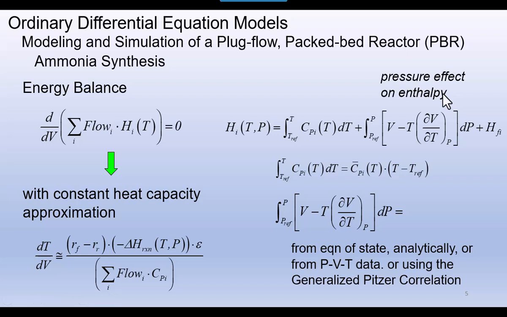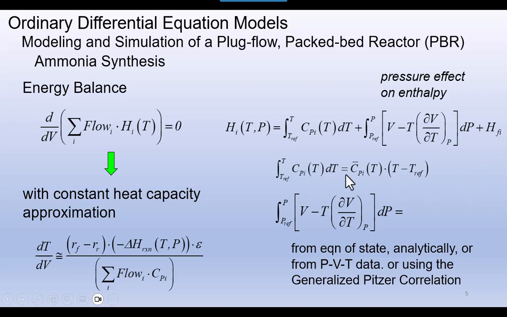For a simplified model, this may not be important if we assume a constant pressure down the reactor, but we see it here, which is given by the integral of the heat capacity over temperature. But then we have the integral over pressure, all right, the pressure effect on enthalpy, and then we have the initial feed enthalpy for that component.